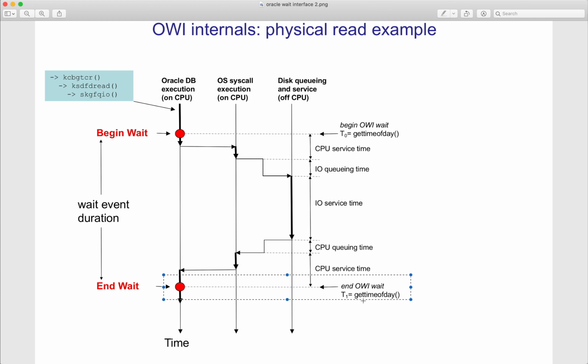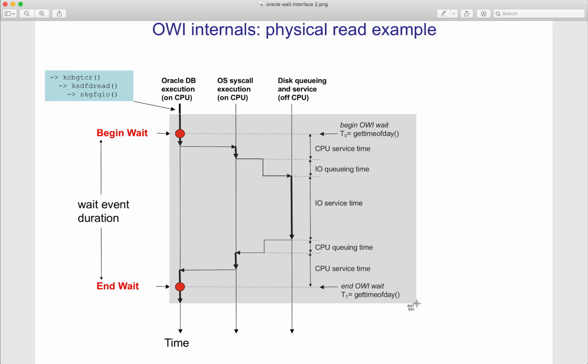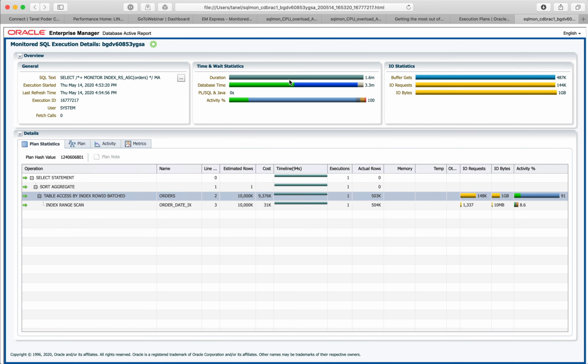And it will take a timestamp. And the delta between these two timestamps will be the wait duration. It will be the elapsed time of this wait, what you see in SQL trace. SQL trace would print something out here, right, in this line, okay? But what does this have to do with our problem here?